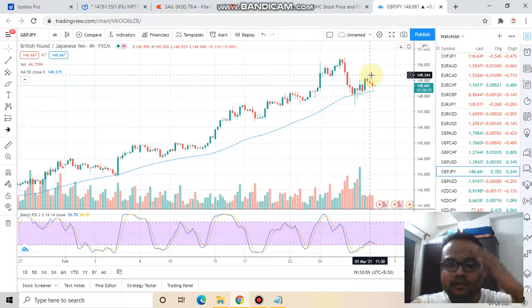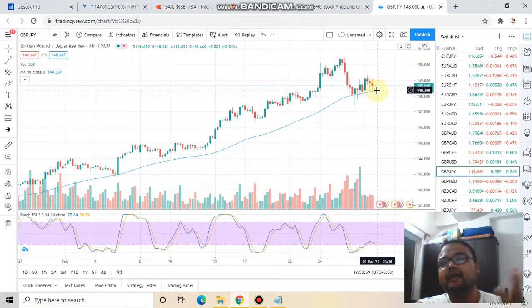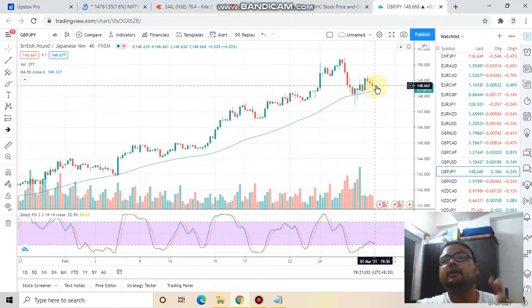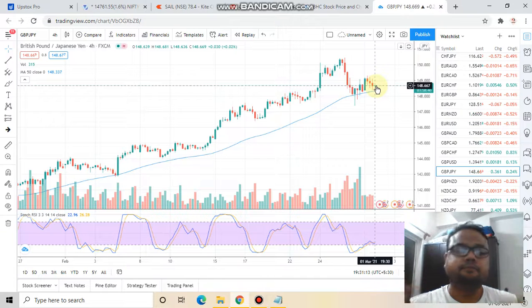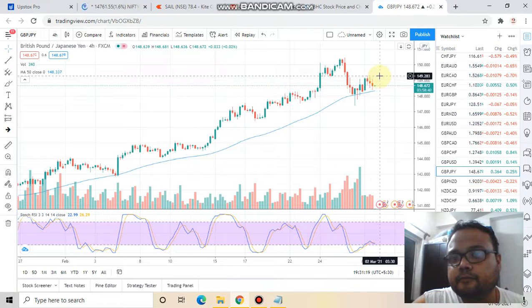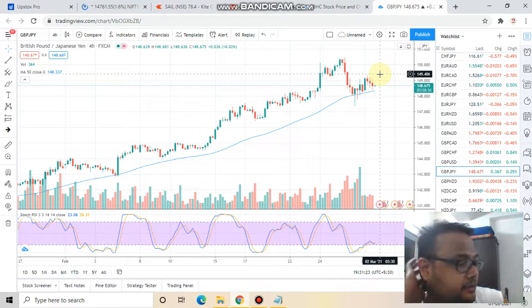Or otherwise if you see that after 2-3 candles the 50 moving average is still valid, still getting price rejection from below, and if you see that yes, it is valid, then also you can buy. But otherwise I'll say that this is the best position to buy once it crosses the 149.30 level.